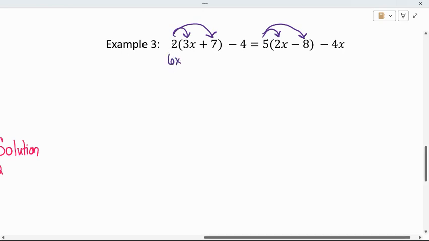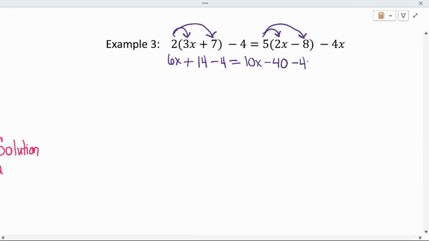Good job, Michelle. 2 times 7 is 14. Minus 4 equals 5 times 2x is 10x. Good job. 5 times negative 8 is, good job, minus 4x.